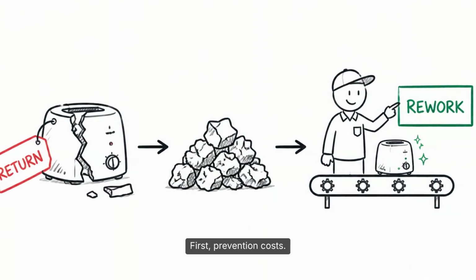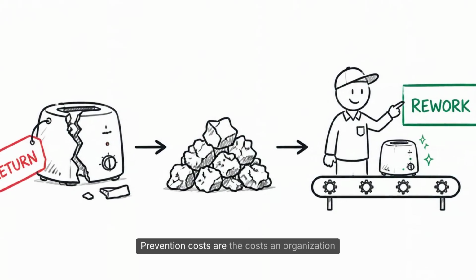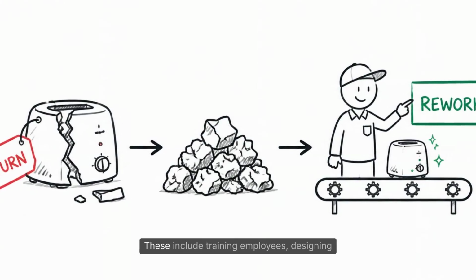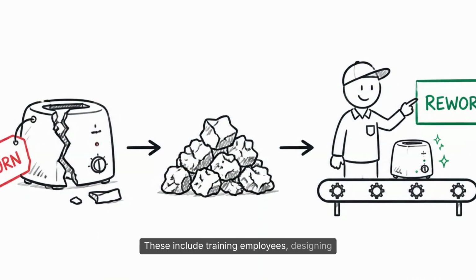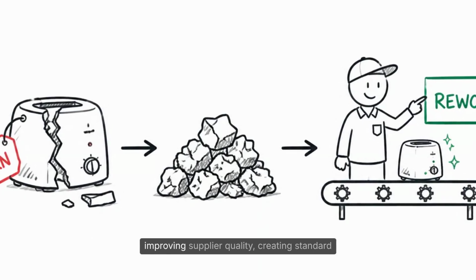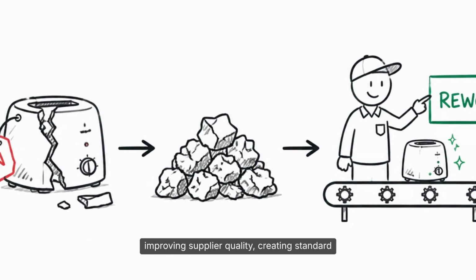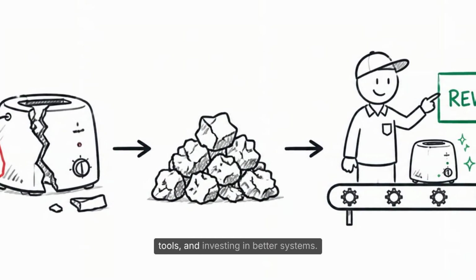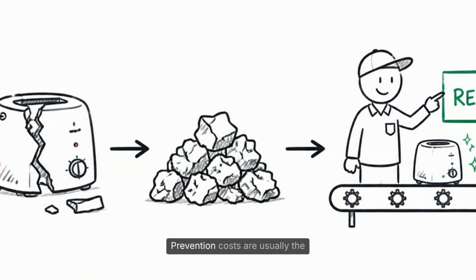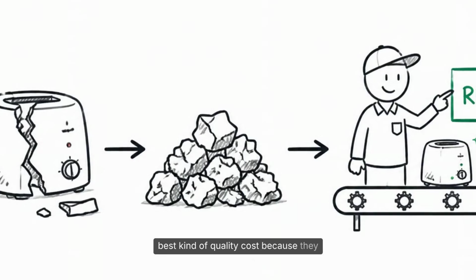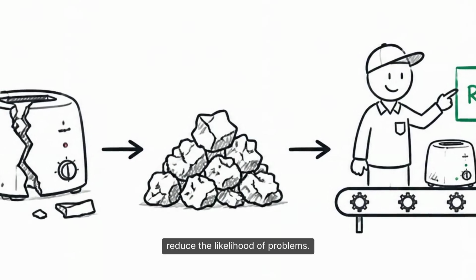First, prevention costs. Prevention costs are the costs an organization spends to prevent defects before they happen. These include training employees, designing better processes, maintaining equipment, improving supplier quality, creating standard operating procedures, using mistake-proofing tools, and investing in better systems. Prevention costs are usually the best kind of quality cost because they reduce the likelihood of problems.